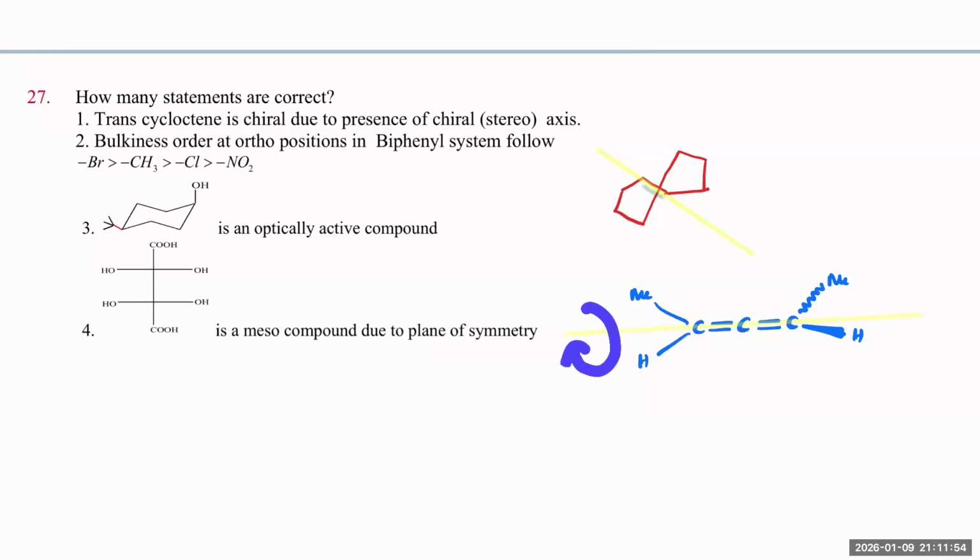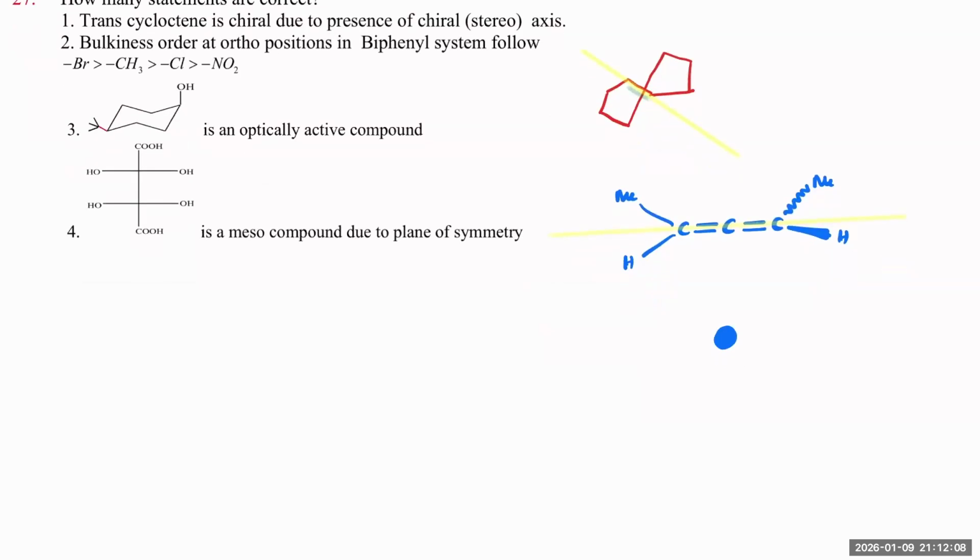Across this chiral axis, on this particular line, I can consider this entire thing as one bunch, as one particular spot across which I have four groups like this: methyl, hydrogen, methyl, hydrogen. But there is no plane of symmetry around it. Such a particular axis is what we call the chiral axis.